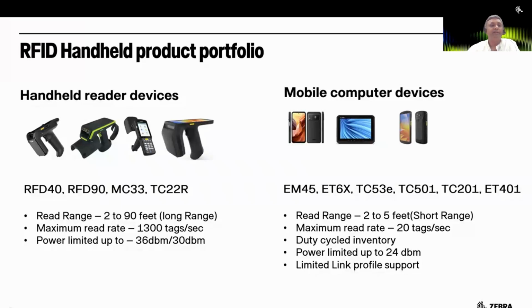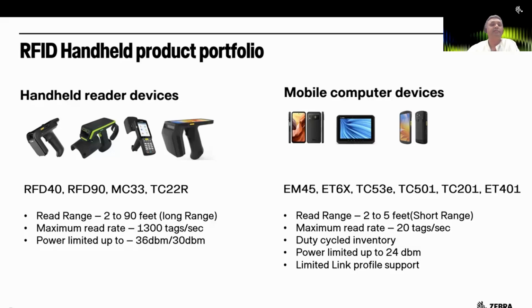The hardware landscape, the RFID handheld readers hardware landscape. There are two classes of readers, as you can see. We have the handheld reader devices, and then we have the mobile computer readers. If you look at the specifications, the handheld reader class devices are generally used for long read range use cases.